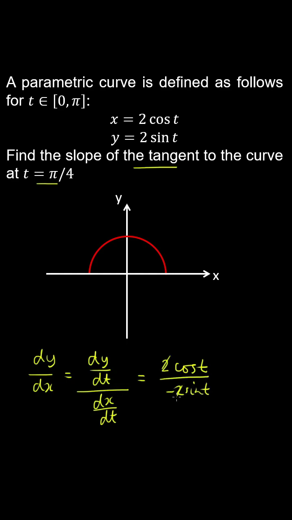So the 2's cancel, and at t equals pi on 4, this evaluates to 1 on root 2 on minus 1 on root 2, which is minus 1. So where the angle is pi on 4, or 45 degrees, the slope of the tangent to this curve looks something like this, and that makes sense.